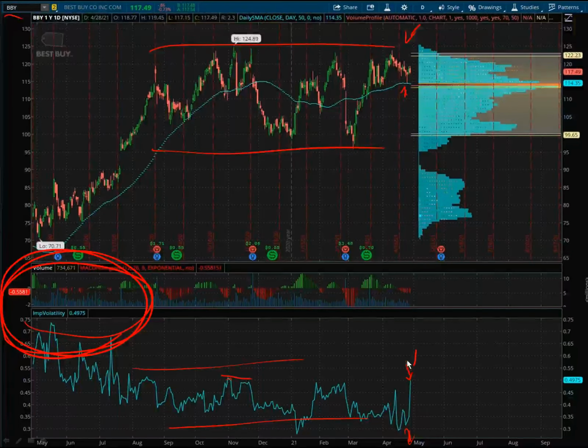Because if it's at these extreme levels, we would expect it to come back down. Now, if it comes back down, we could see this underlying trade sideways. And if that volatility comes out, that means our premiums dwindle, right? As volatility comes out, those premiums deflate with that volatility.